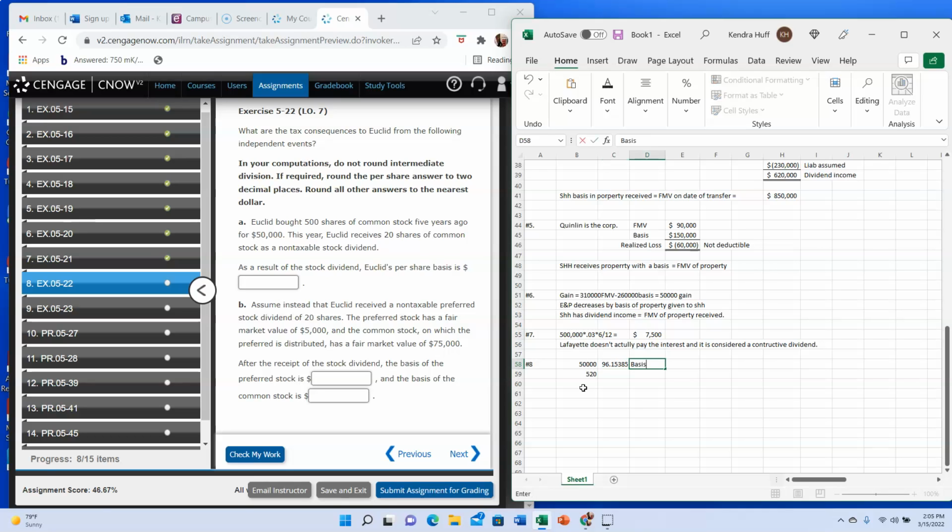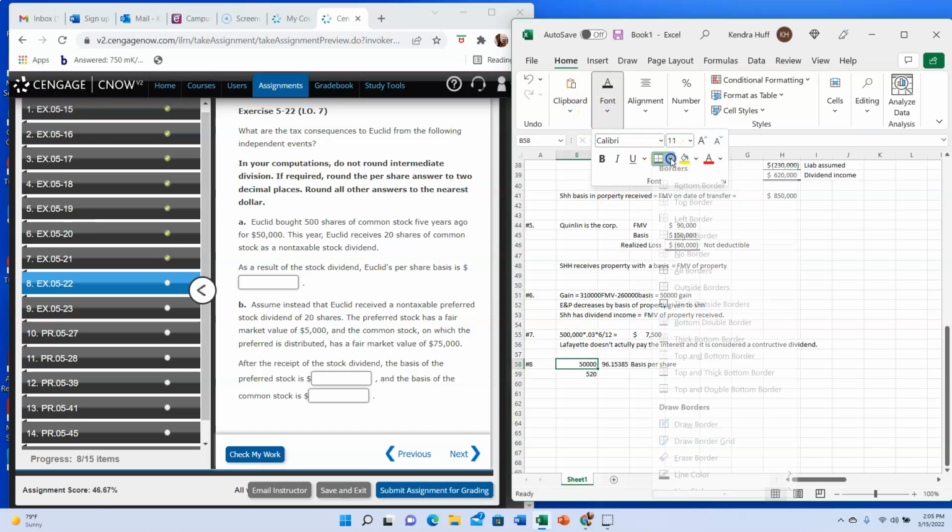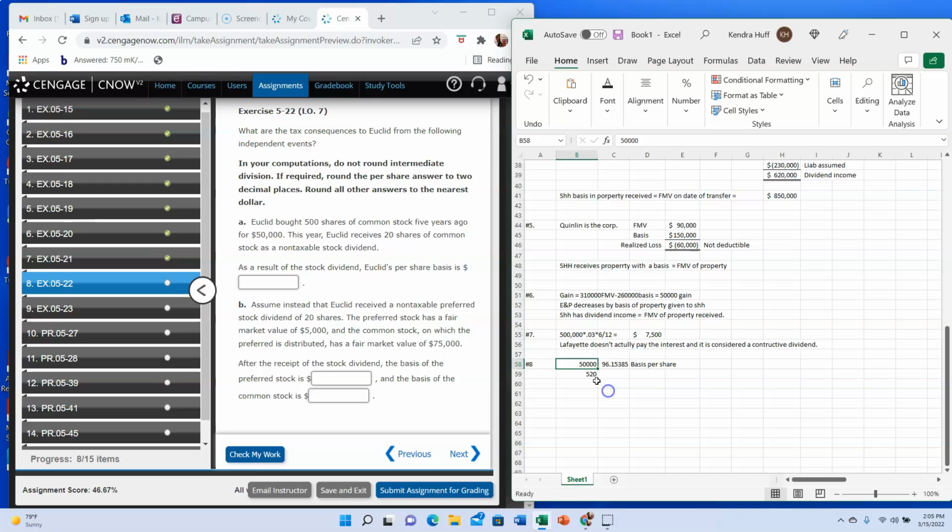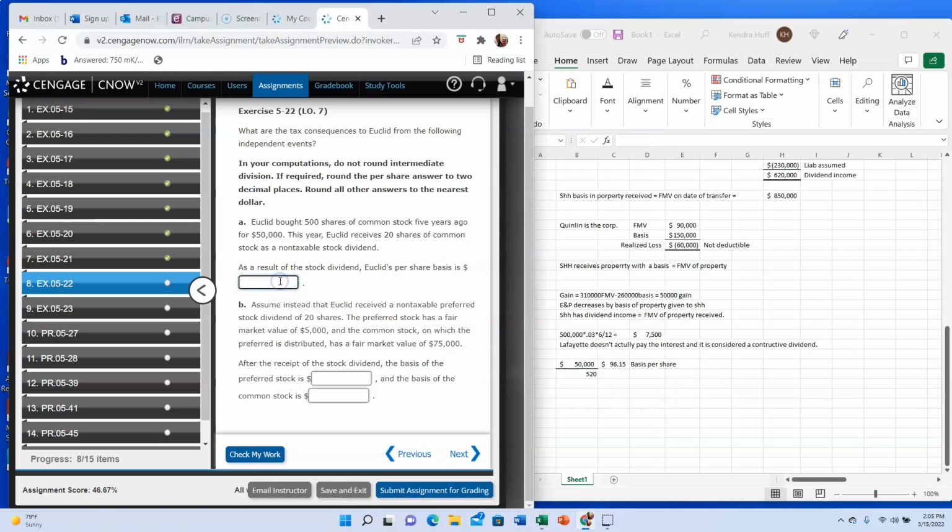And that's the basis per share. So what is $1? All right, so that's A.